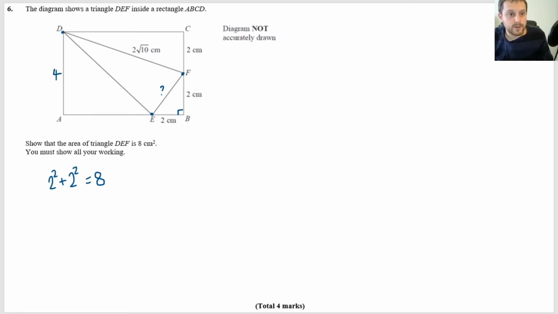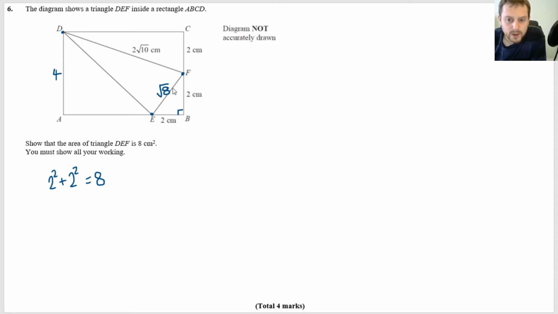So instead of that question mark, I can write square root of 8. I'm not going to worry about writing it in surd form. If I did the square root of 8, that would simplify, but I'm just going to leave it like this for now. I'm just filling in all the ones that I possibly can.